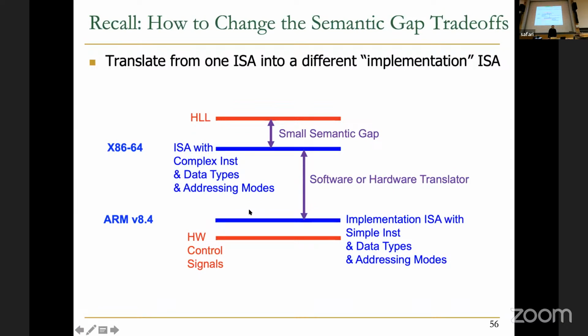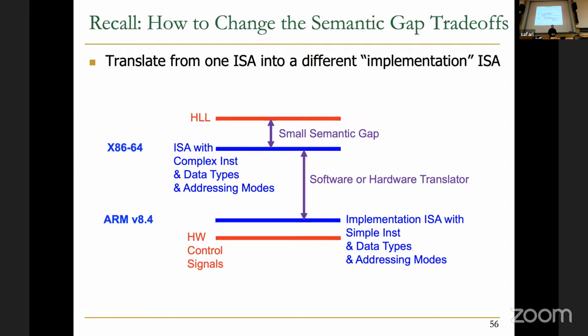You also need to translate what you already prepared for x86 to ARM, and that's another translation layer. So you can have optimization at all of these levels: some optimization here, some here, and also something here. In reality, we have both of them.